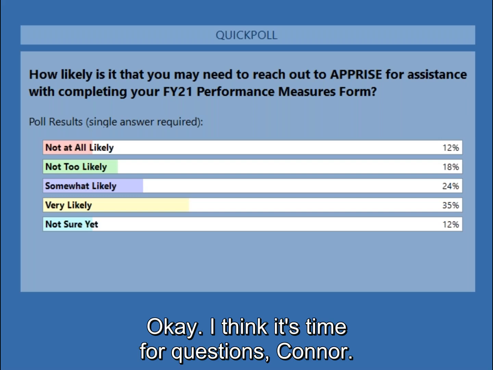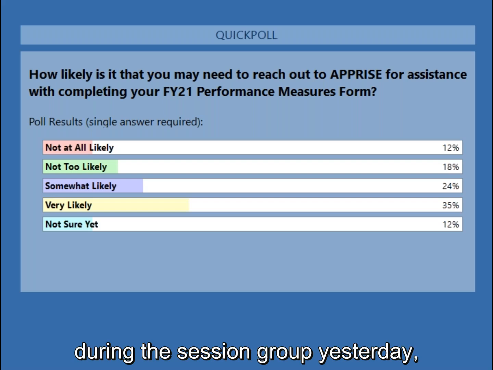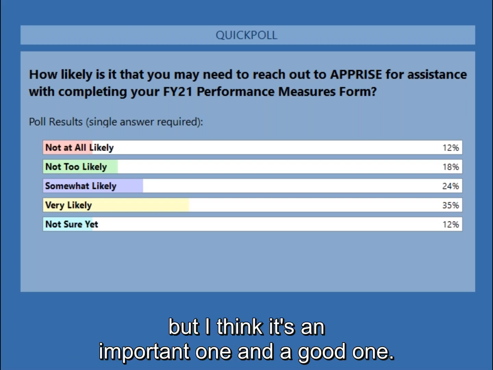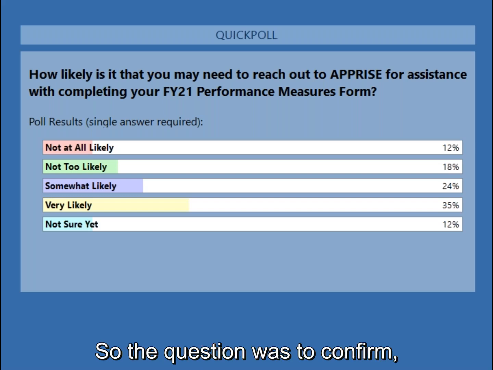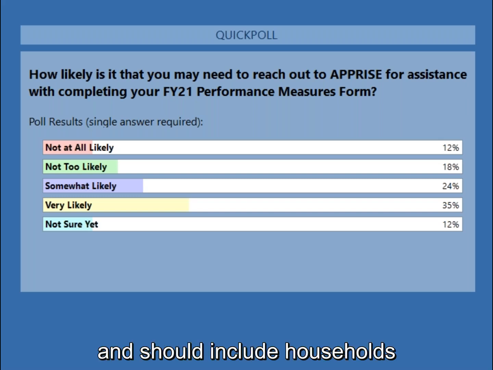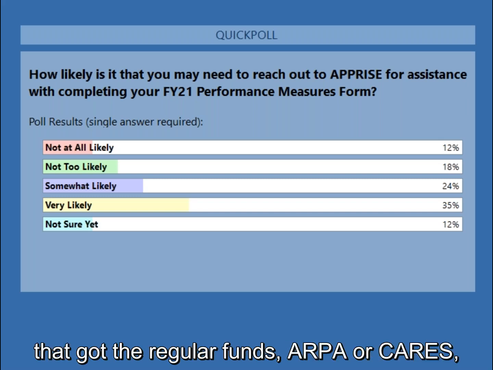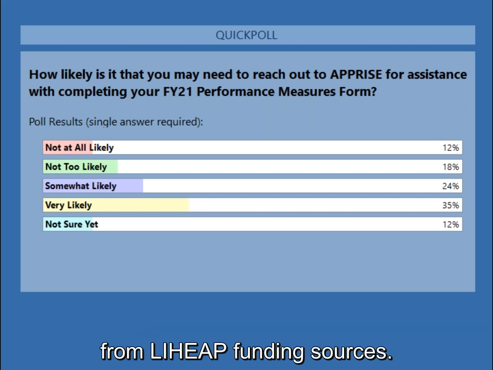Okay, I think it's time for questions, Connor. Yep. So this one actually was submitted during the session group yesterday, but I think it's an important one and a good one, so I'm going to do it here as well. So the question was, to confirm, tab A should be the overall performance measures and should include households that got regular funds, ARPA, or CARES, and should include the total benefit they got from LIHEAP funding sources.